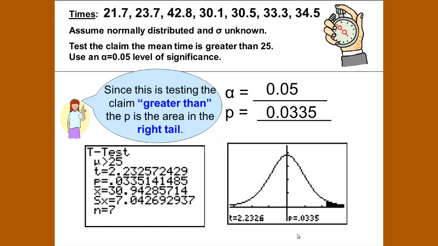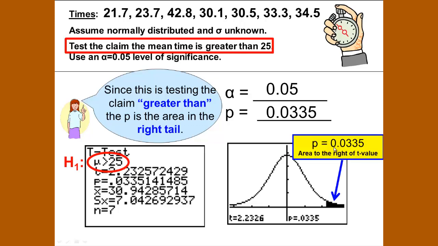Since we're testing the claim is greater than, the p-value is the area in the right tail. And that's the H1. The claim is greater than 25. That's the greater than. And notice that we shaded the right tail.